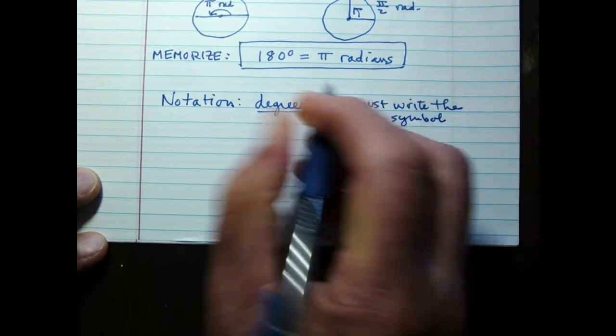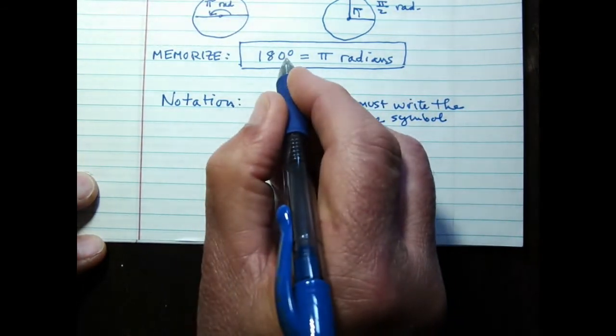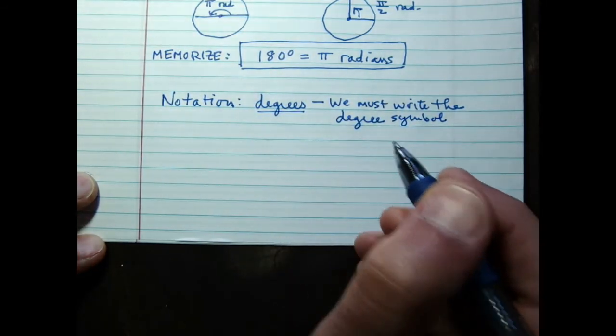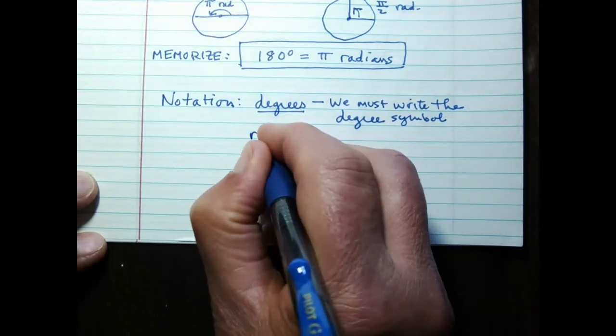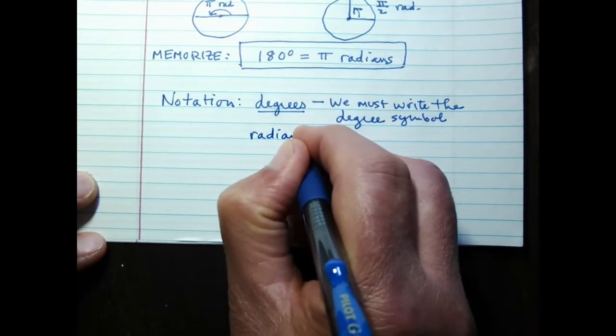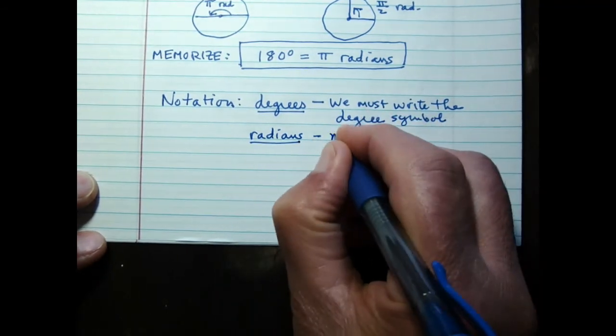You can write the degree symbol like the little circle up to the right, or you could write out the word degrees if you want to emphasize that a little bit. The word would be fine too. With radians, no units need to be indicated.